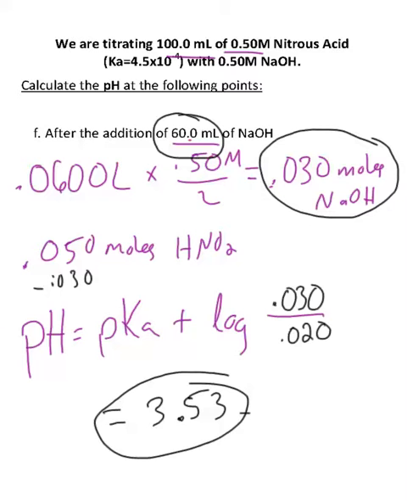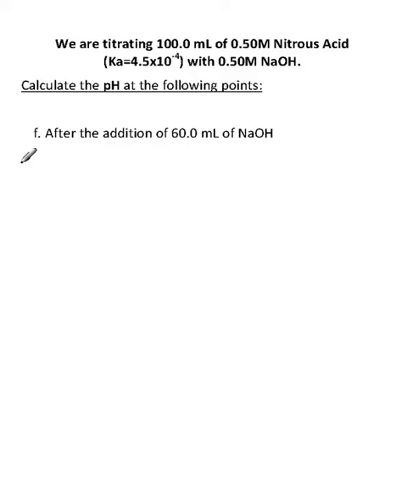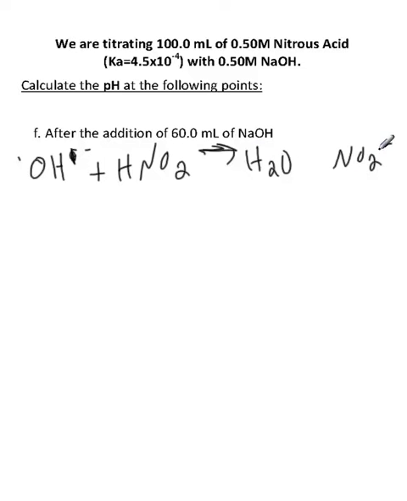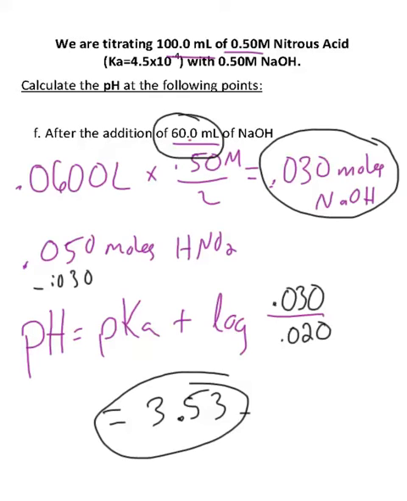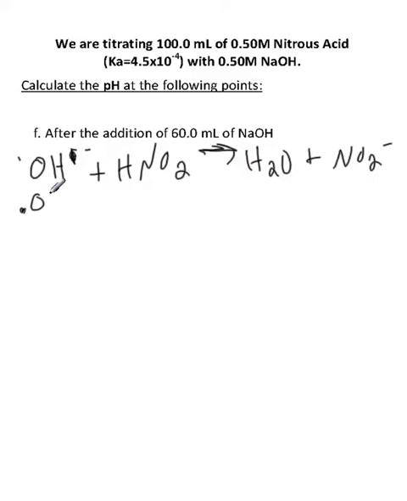Again, we can do that with our ice table. If we switch over by saying, again, OH ions, plus HNO2 are going to make, kind of a high arrow, but oh well, water and the NO2 ion. Well, from what we calculated back there, I don't remember the value, 0.030 moles of this, and just like every other one, 0.05 of HNO2.